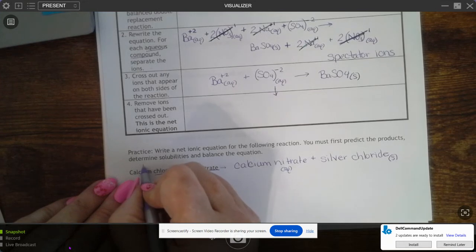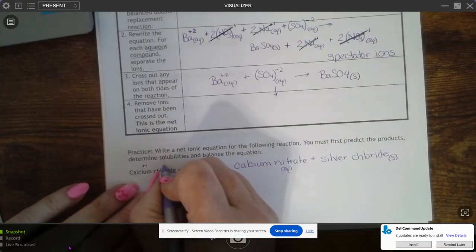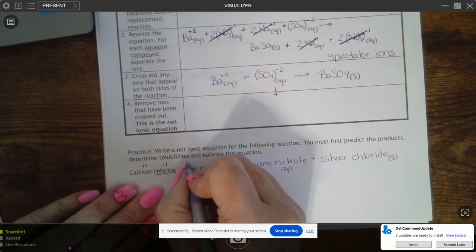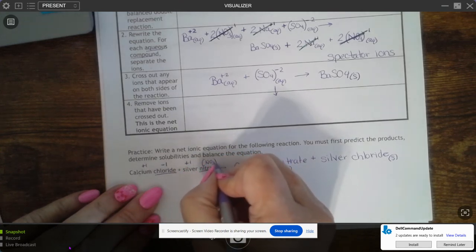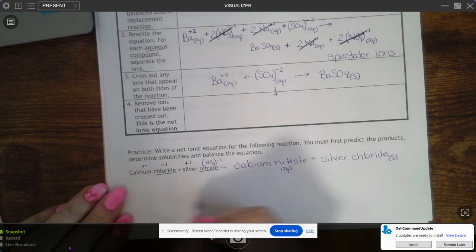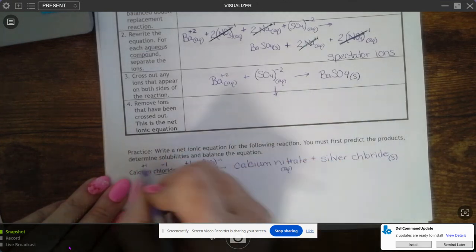Chloride is -1, silver is +1, nitrate is NO3 -1. Calcium's +2.